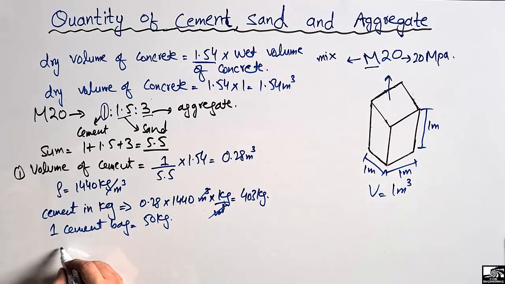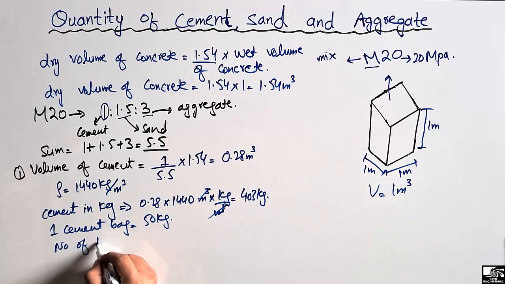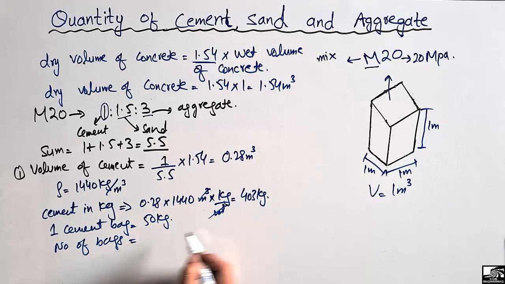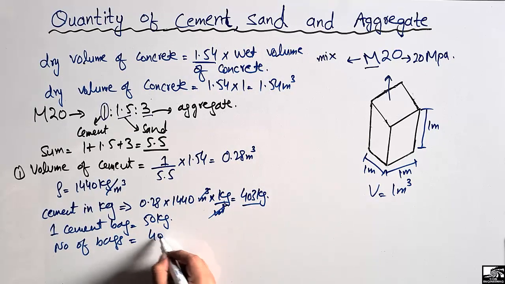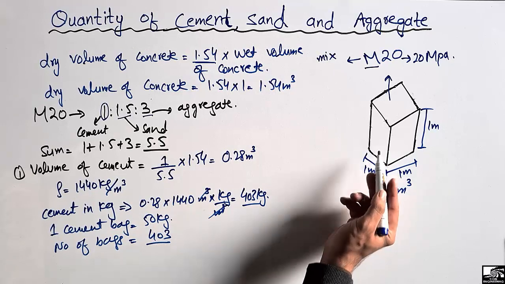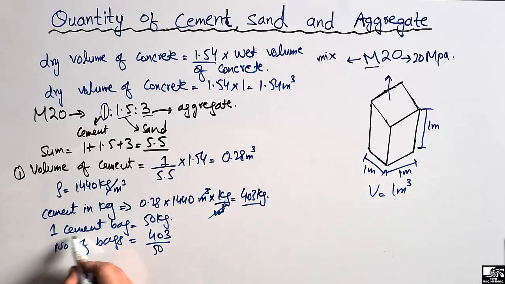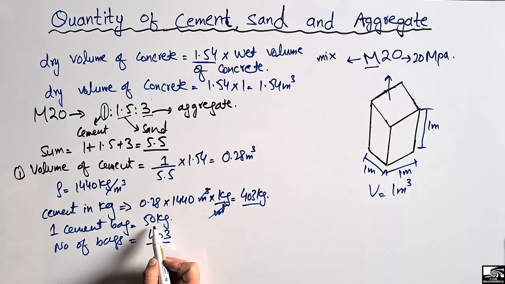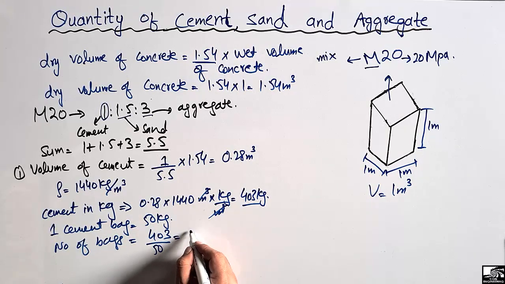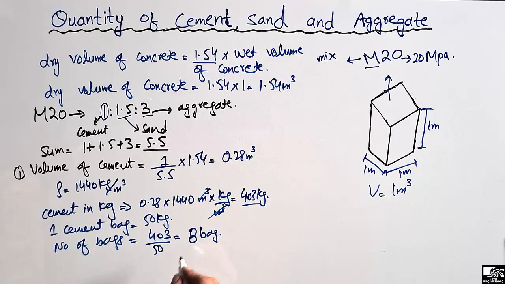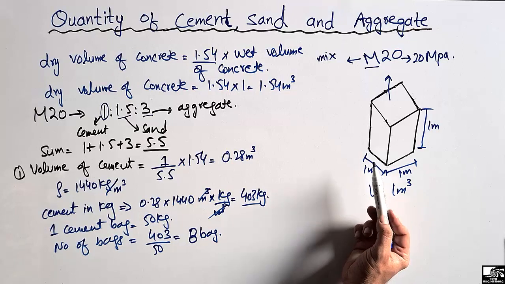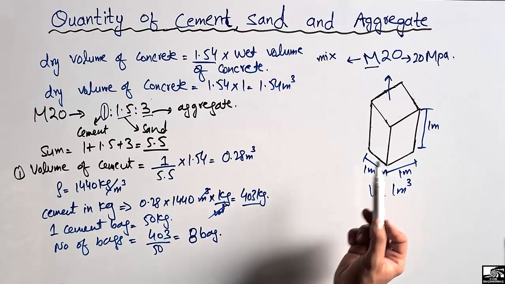So the number of bags of cement will be equal to this 403, which is the total kilogram used in this cubic meter, in this cube box, dividing by 50, because one cement bag has a 50 kilogram weight. So we get almost 8 bags of the cement used in this 1 cubic meter concrete.